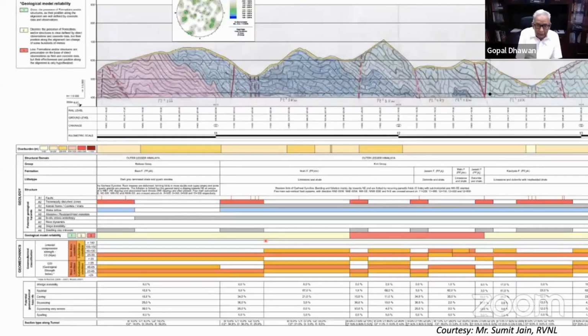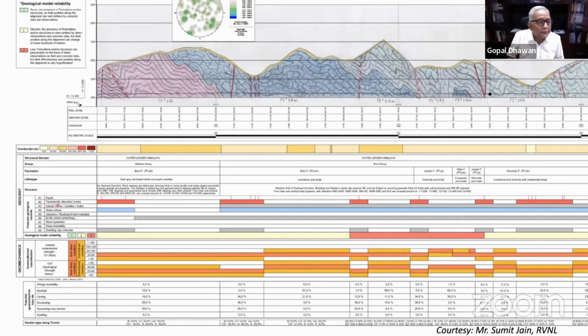In the next stage, which was the third stage, the geology is updated on a bigger scale, and all these parameters are plotted. Particularly, we start from geology, and then several trouble areas are recorded.